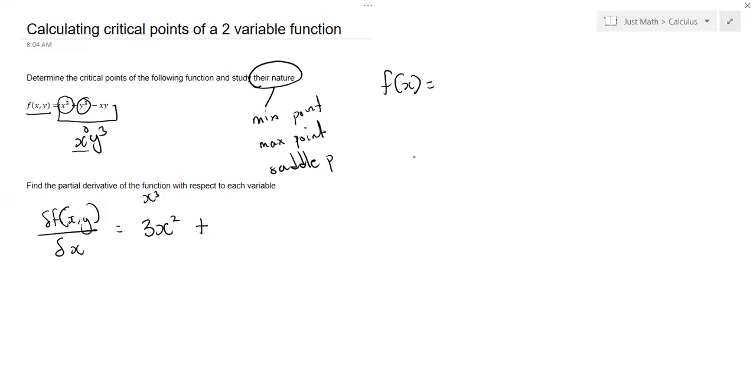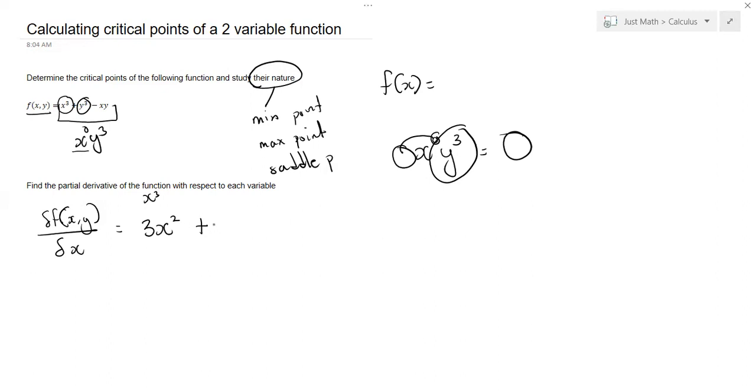Like I said, we have x to the power of 0 times y to the power of 3. The derivative with respect to x is going to be 0, because the 0 comes down and multiplies everything. Or even if we take y to the power of 3 as a constant, the derivative of a constant is still 0.